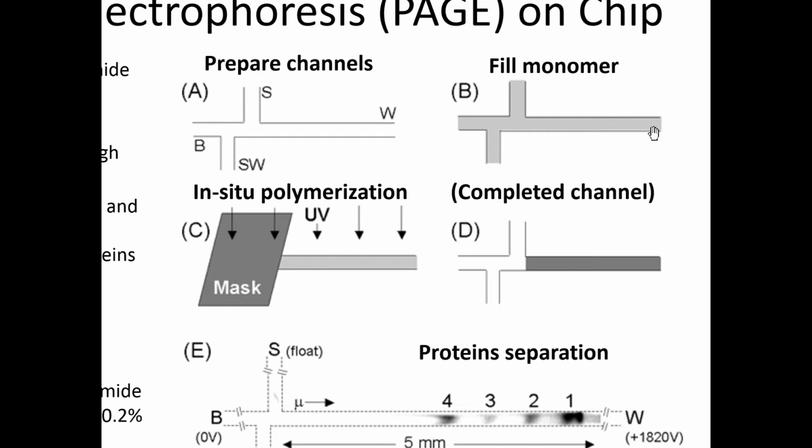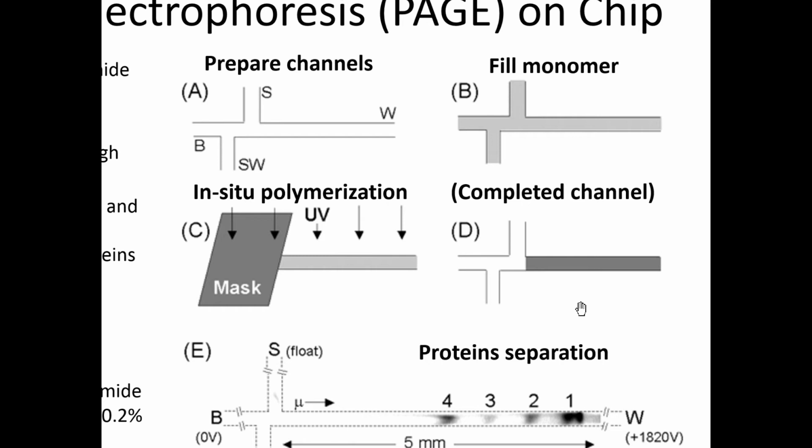Now this monomer solution has a photoinitiator in it, so that when you shine ultraviolet light into the channel containing the monomer, you end up polymerizing it. When you polymerize it, this gel region has become a solid, and this is the region that can be used for your separation.